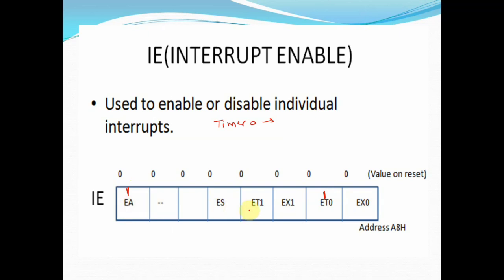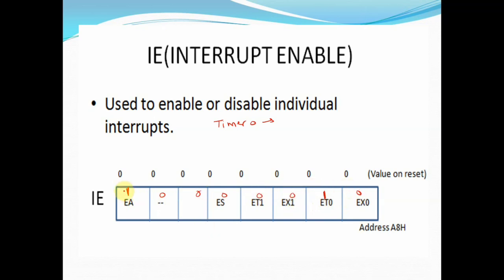Whenever you want to enable or disable any individual interrupt, you first have to enable the EA bit, otherwise the interrupt will not be enabled even though you set its bit equal to 1. So EA and ET0 will be 1 and all other bits will be 0.